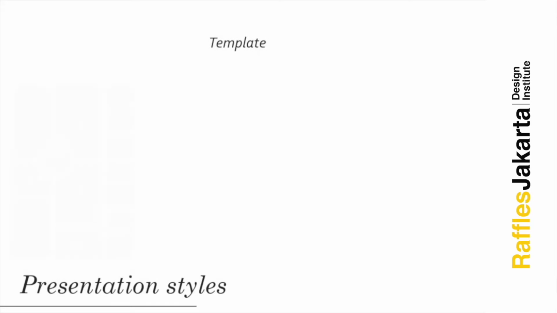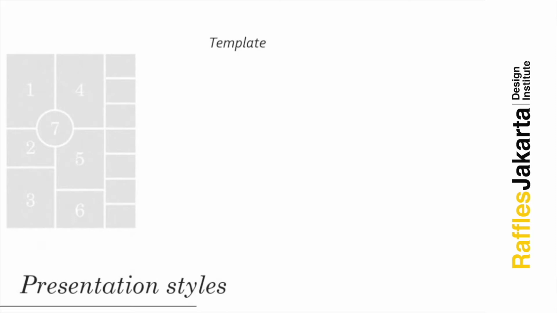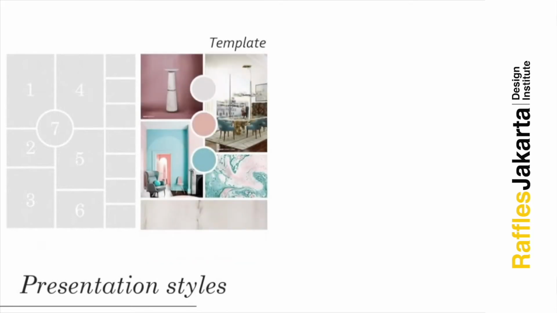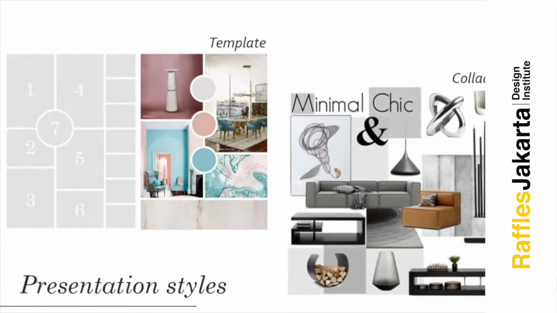One of them is using a template, which features an organized inspiration board of color palettes, materials, and pictures, and it can be rather formal in design. The other way, and the way that you're going to do it today, is a collage. It is a quick way to get your mood board ready. You can simply create a collage of all the pictures, materials, and ideas.